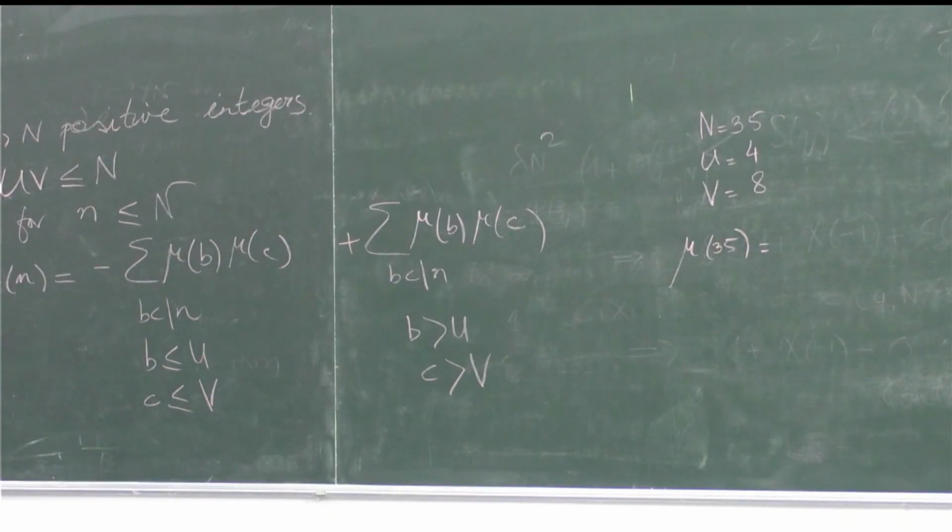What is mu of B? So there is no BC, because 35 is 5 into 7.